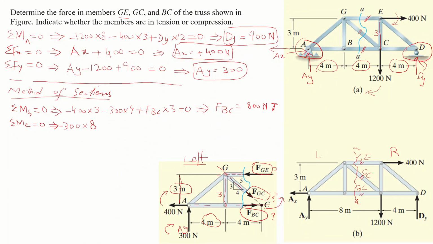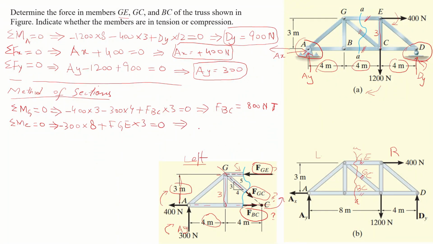The third force, FGE, has a perpendicular distance of 3 meter. You can see here, 3 meter, and it will rotate the truss in anti-clockwise direction. So it will be with positive sign, FGE multiplied by 3 is equal to 0.